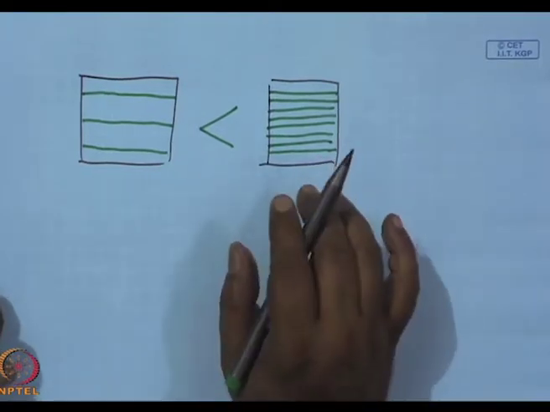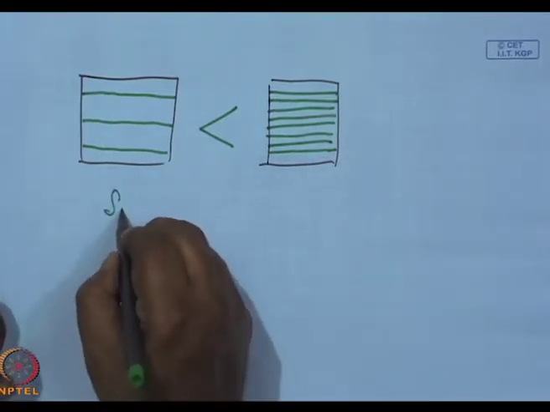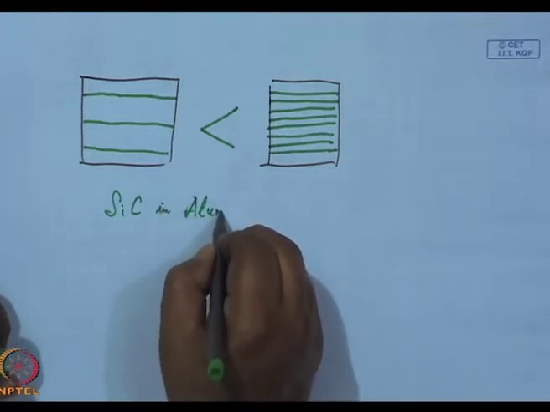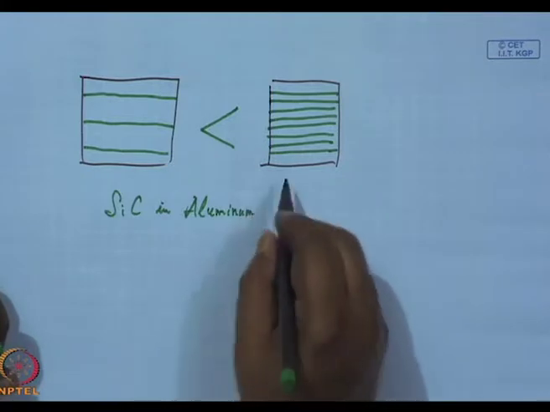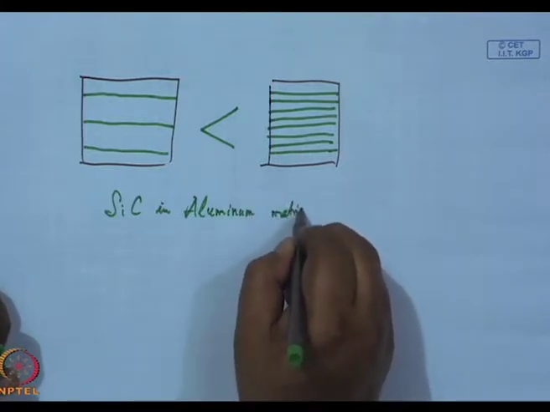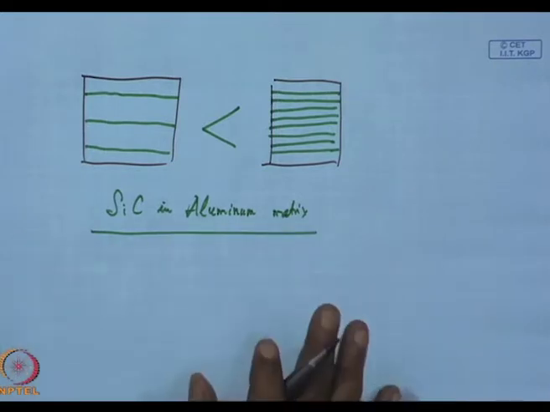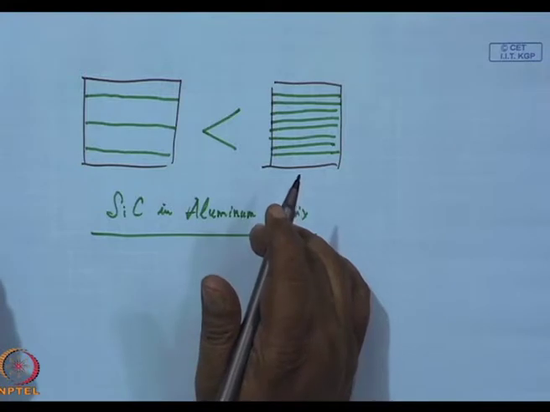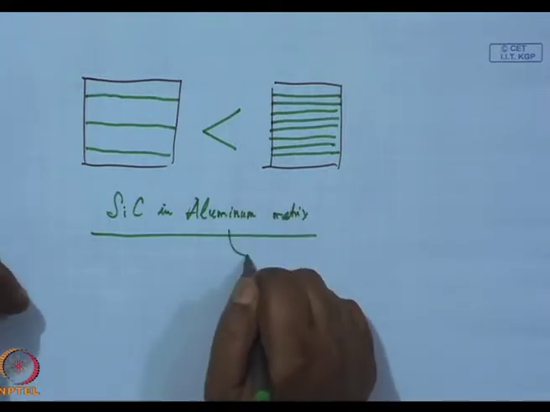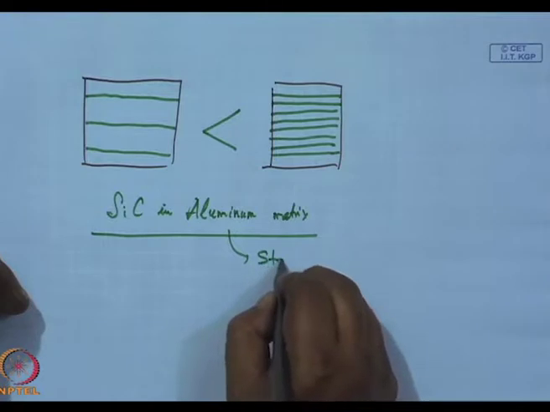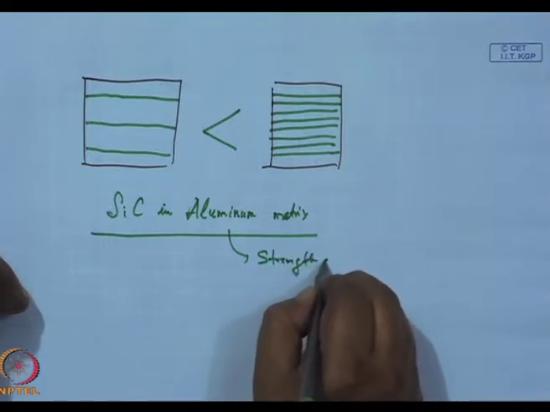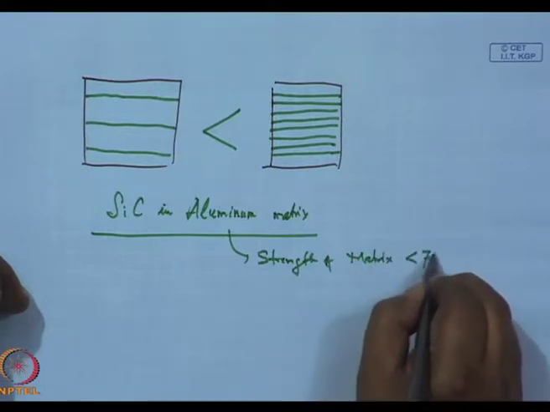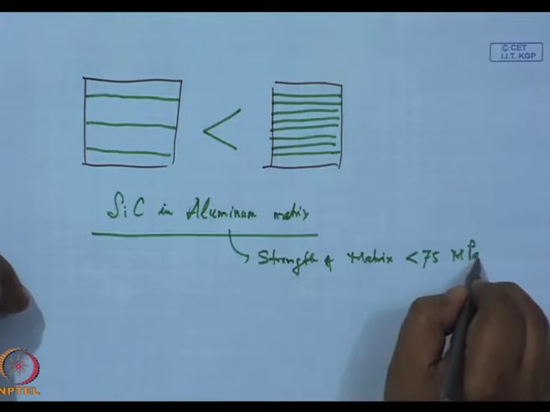Let us say that a case where I have taken silicon carbide in aluminum matrix. Do not worry about the fiber diameter and all of that. Here the strength of matrix is less than 75 megapascals.